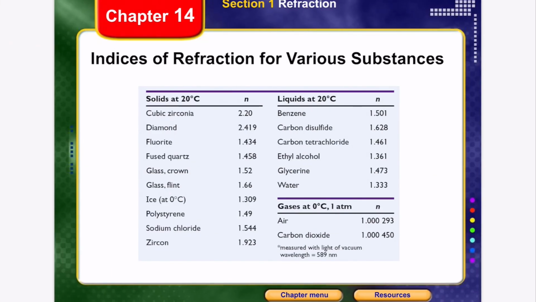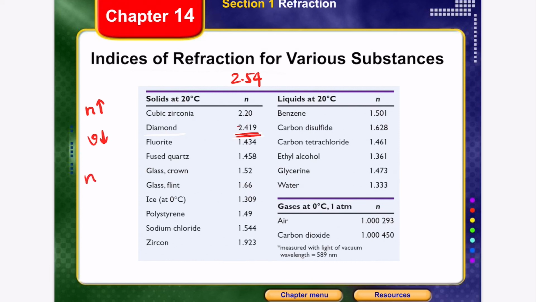So these are the index of refraction for various substances. For example, if you take diamond, it has one of the highest index of refraction, about 2.419. Some diamonds can have up to 2.54. The higher the index of refraction, the lower the velocity of light in that medium.